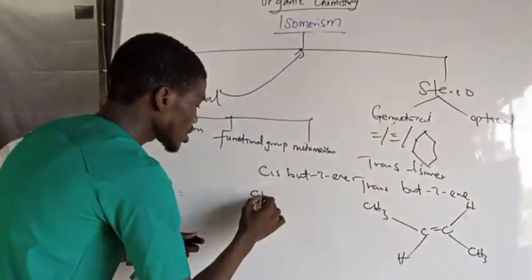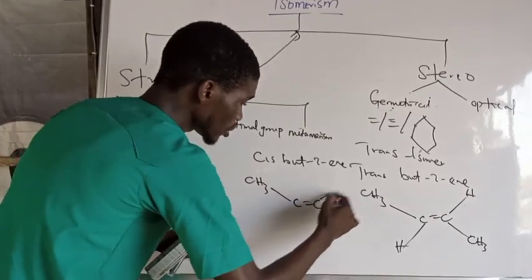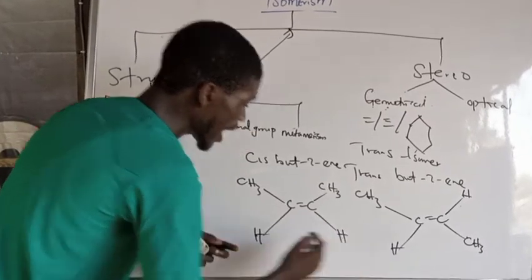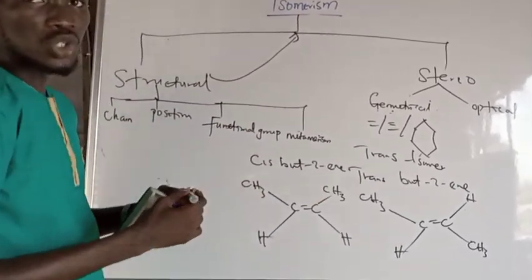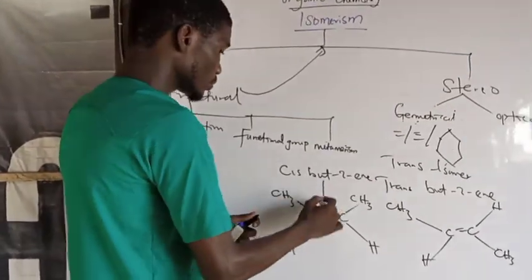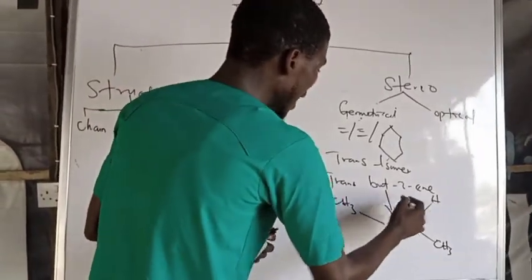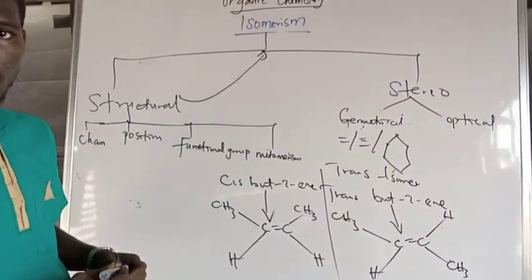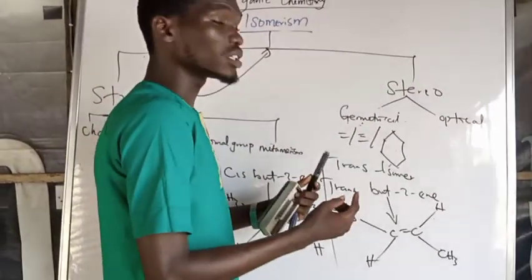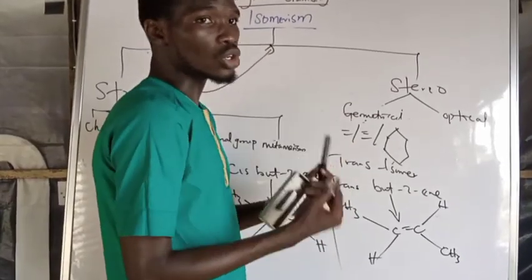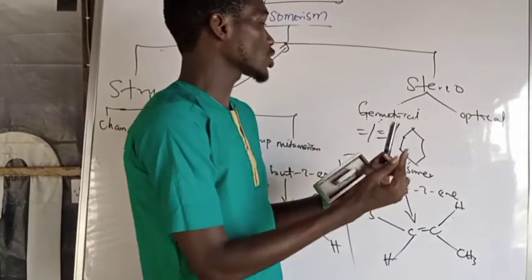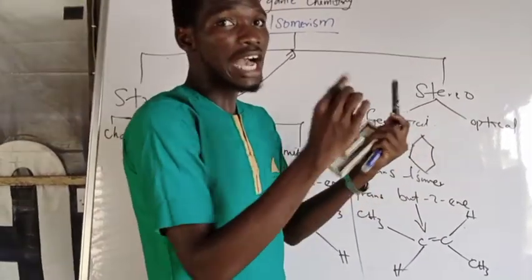So with that, the CH3, the methyl groups, are on the same side of each other, so this one is called cis but-2-ene, while this one is called trans but-2-ene. So that is for the geometrical isomer. They can have a double bond, triple bond, or a ring structure, and if they have a double bond, triple bond, or ring structure, it is going to restrict their rotation.